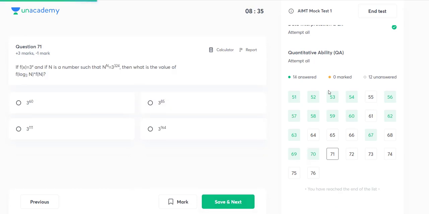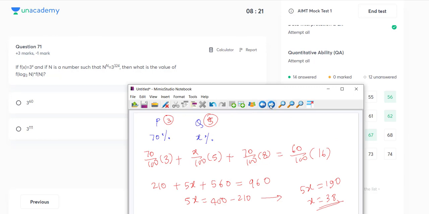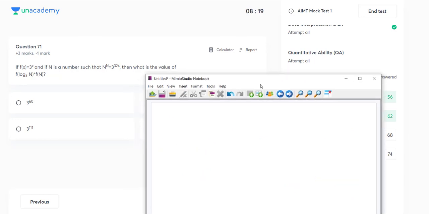Okay, after this, f of x is equal to 3 to the power x, and n is a number such that n to the power n is equal to 3 to the power 324. What is the value of the expression? Okay, let's solve this. This looks easy. So first of all we need to find out log of n. Over here n to the power n is equal to 3 to the power 324. Let's take log of both sides.